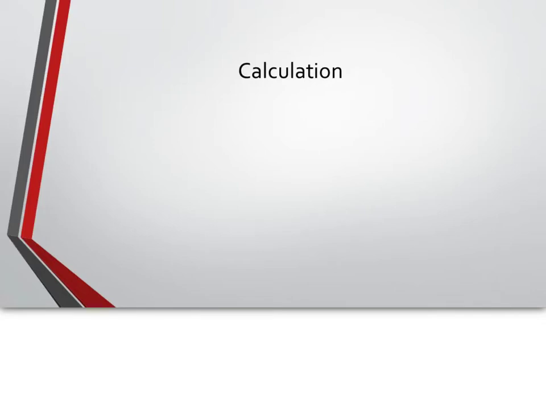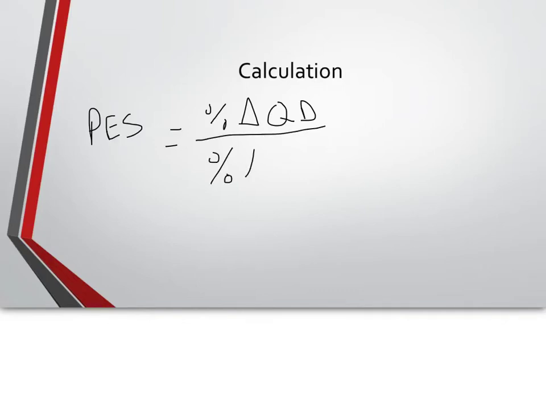We basically are going to take the price elasticity of supply, and that equals the percent change in quantity supplied over the percent change in price. I said quantity demanded at first, excuse me; that's an error on my part that you can't afford to make.